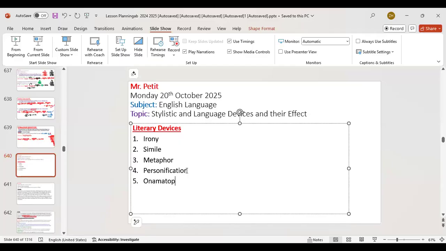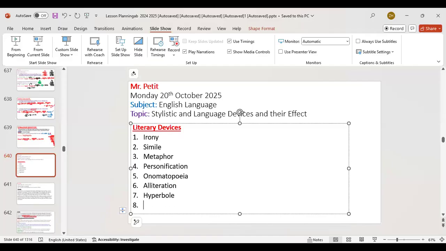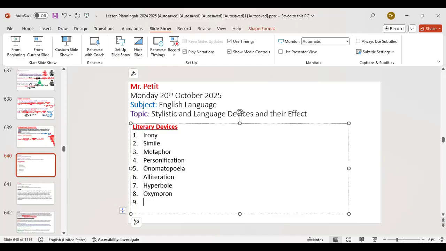Conjunction? No, conjunction is not a literary device. Alliteration, yes. Hyperbole, yes. Oxymoron, very good. What else? How about rhetorical questions? Idiom?